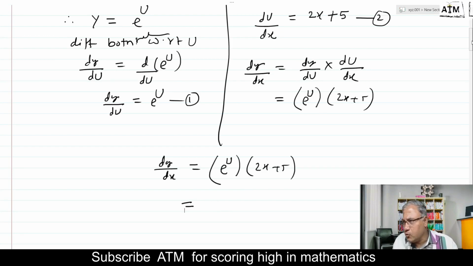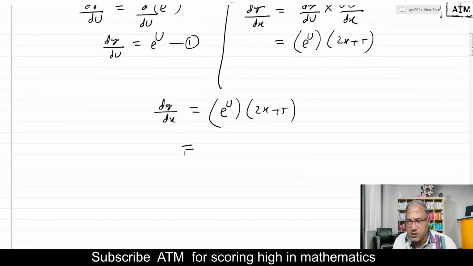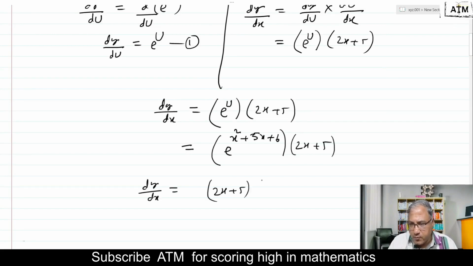What was u? U is nothing but x square plus 5x plus 6. So here x square plus 5x plus 6, we put back the value of u here, and here is 2x plus 5. Therefore, dy by dx equals 2x plus 5 multiplied by e raised to x square plus 5x plus 6.